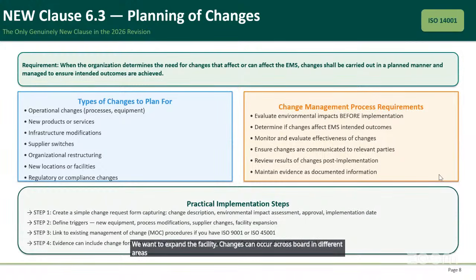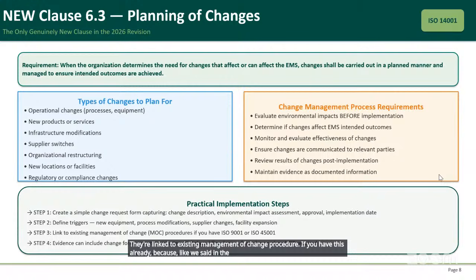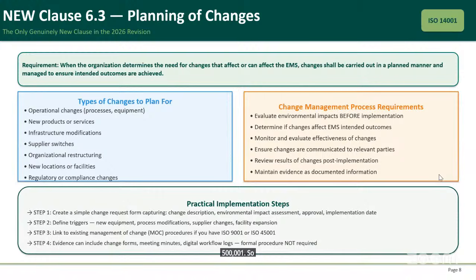Then link to your existing management of change procedure if you have one already, because, like we said, in the earlier standard we have planning of changes in clause 6.3, the same clause, same number, in ISO 9001. So if you already have a system for MOC, you don't need to develop a different process.